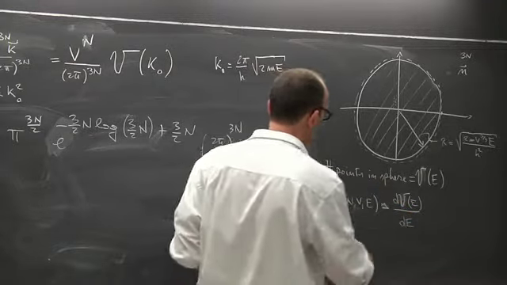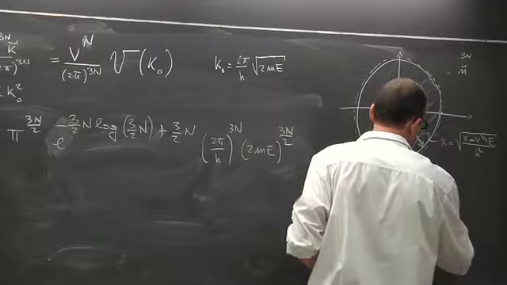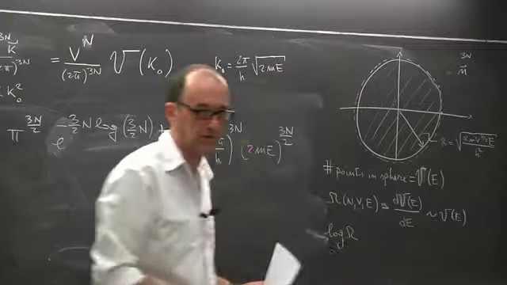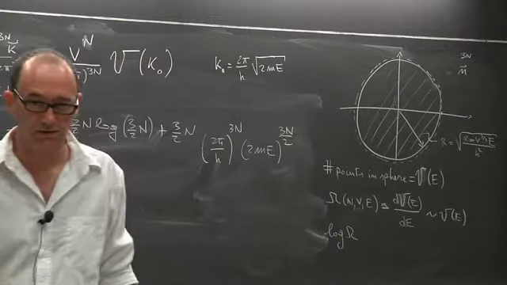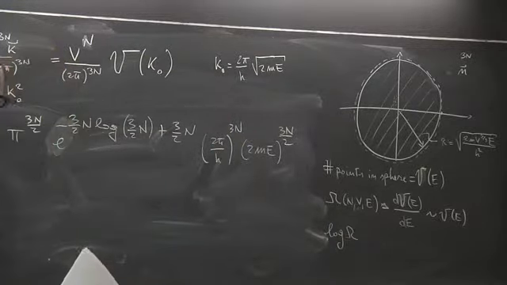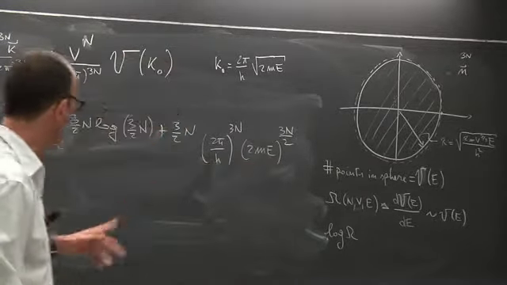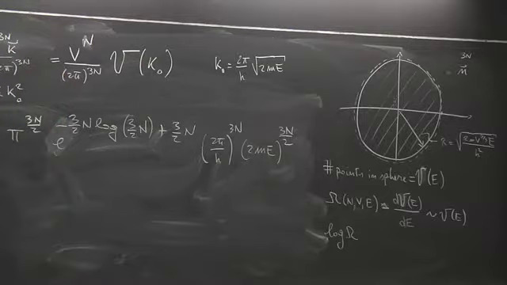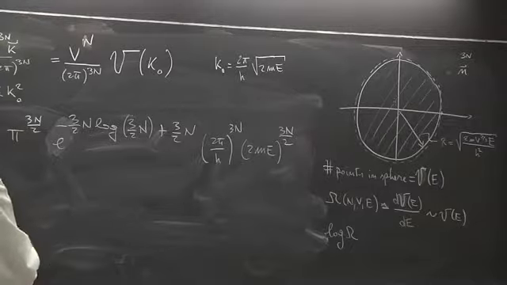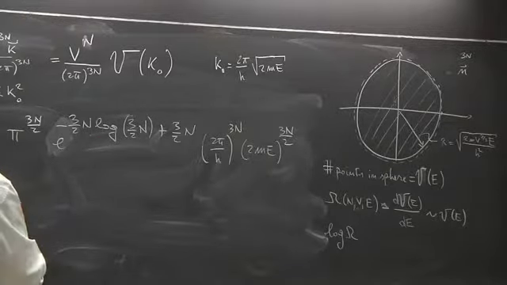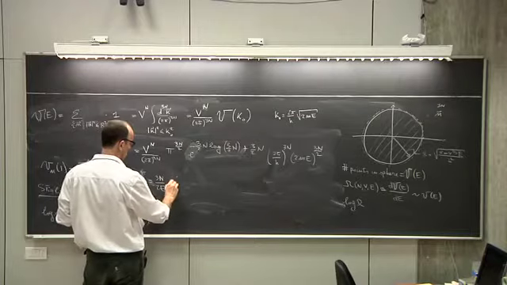So for all this calculation I can really substitute the surface with the volume. This is just because when you take the derivative, you will find that the derivative of this volume with respect to the energy is equal to 3n over 2e times the volume itself.